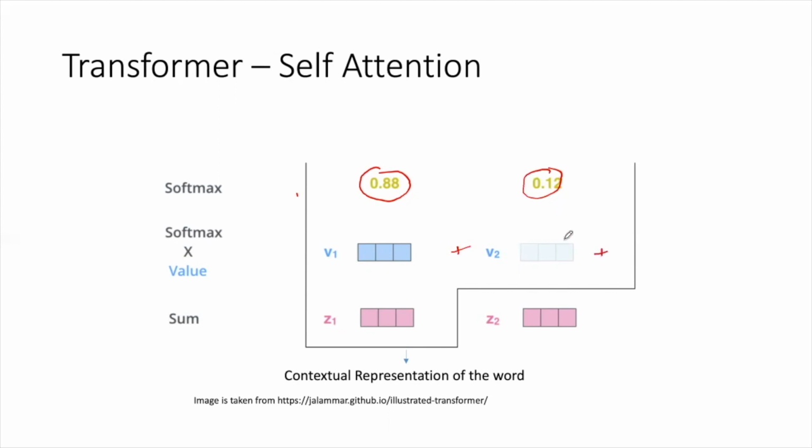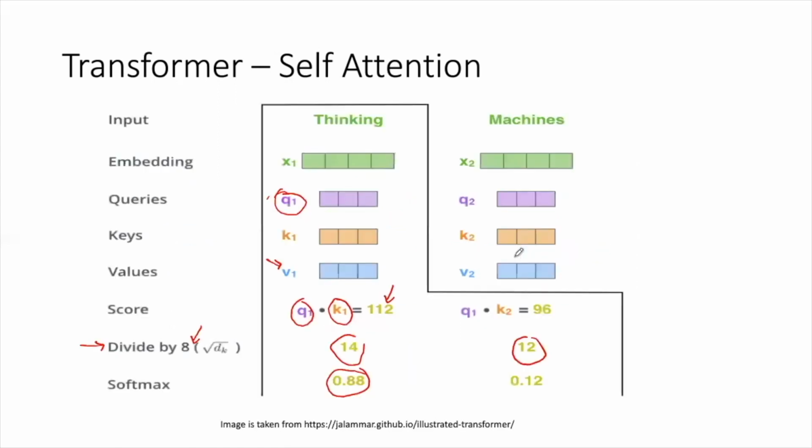So that gives a representation, in terms of other value vectors, for the current word. So once again, we are only dealing with this word x1.